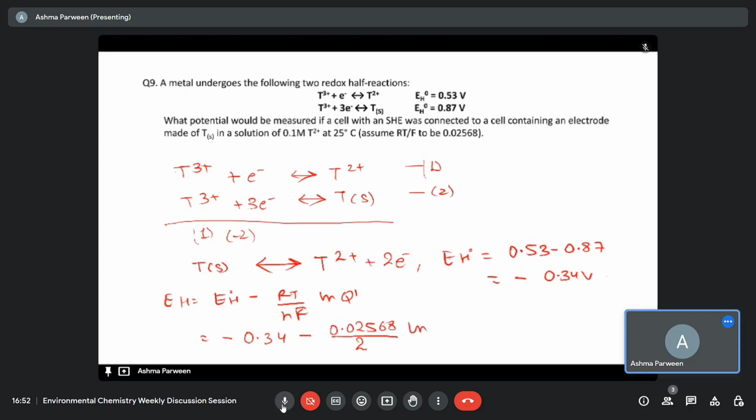Solid will have activity of 1 and electron is also activity of 1. So T2+ has concentration of 0.1 molar, so 0.1.